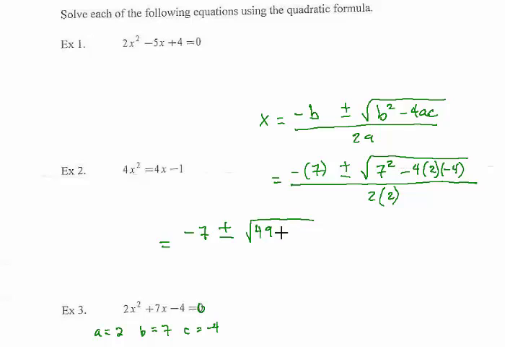Inside the radical we have a 49, and then with the minus, the subtraction, and the minus from the c, we have a positive, so this is going to be plus 4 times 2 is 8 times 4 is 32. 2 times 2 in the denominator is a 4. 49 plus 32 is 81.